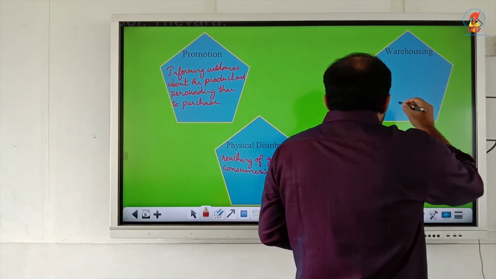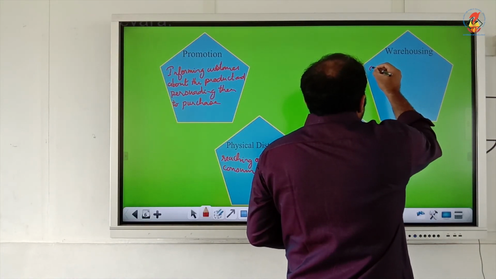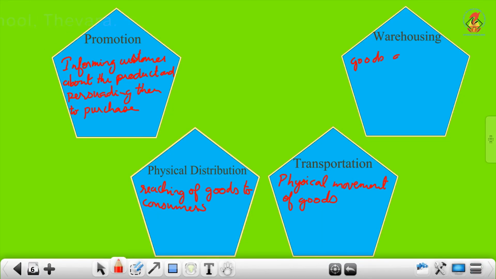So, this is a method whereby goods are stored in a scientific manner till sales happen.